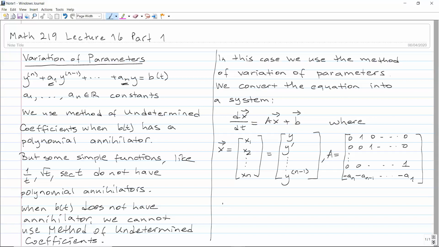And for B, all the entries are 0 except the last one. In the last one, we have the function b from the equation. So we convert the given equation into a system in this way. Remember, we did this in the beginning, when we were first discussing linear equations of higher order.